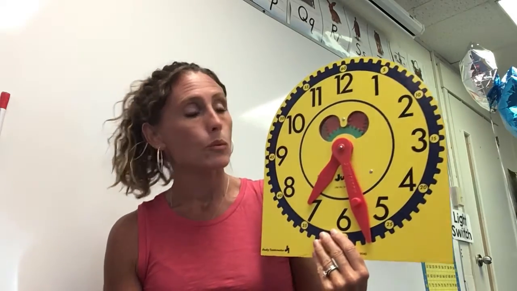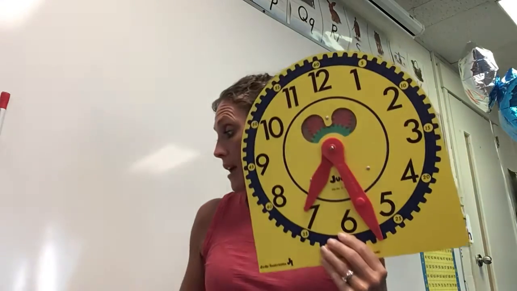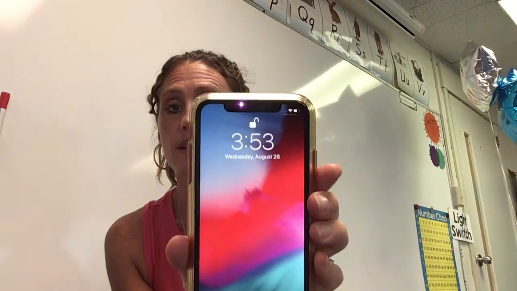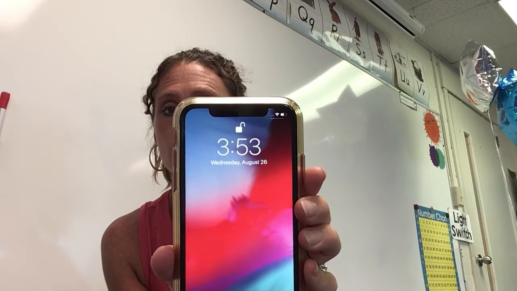Okay? So when we tell time, these are called analog numbers. Okay? This is what you would see on a clock like this or a clock that might be on your wall. And then there's a different kind of numbers that look like this. Okay? Does anybody know what those kind of numbers are called?